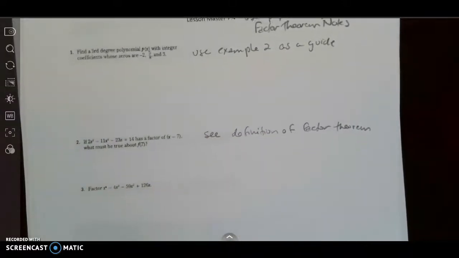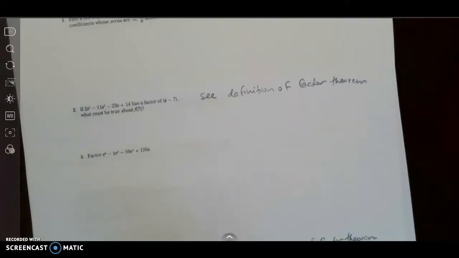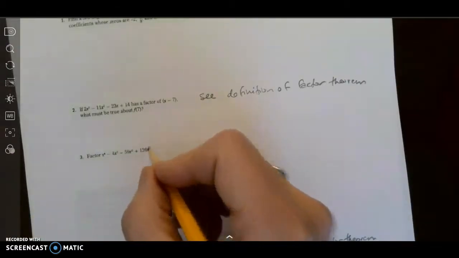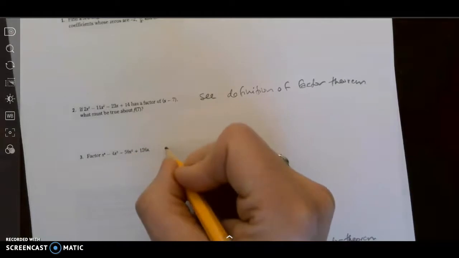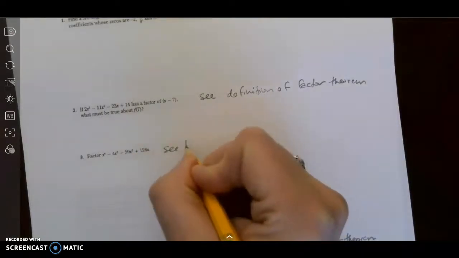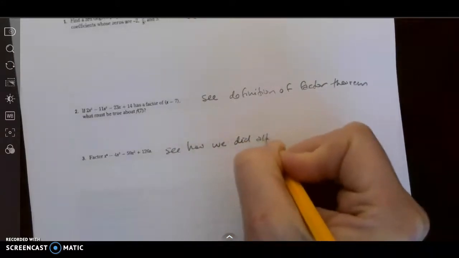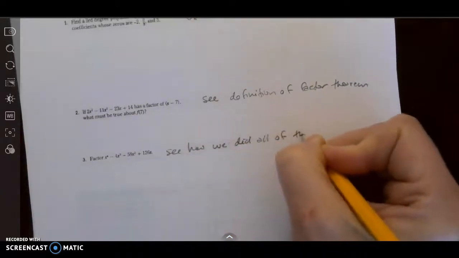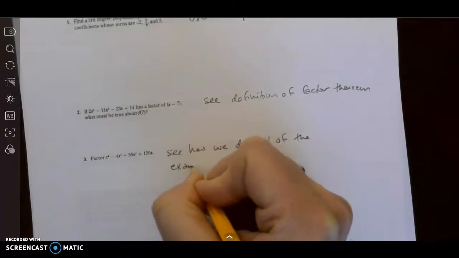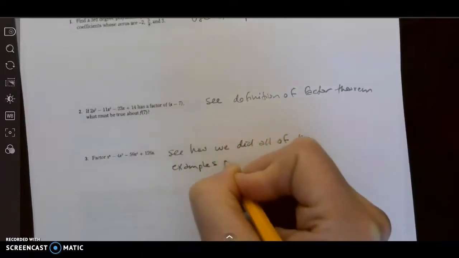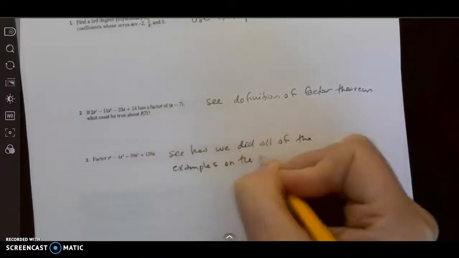All right, and then let's see, number 3. If you get stuck on number 3, this one you're going to see how we did all of the examples on the first page of notes.